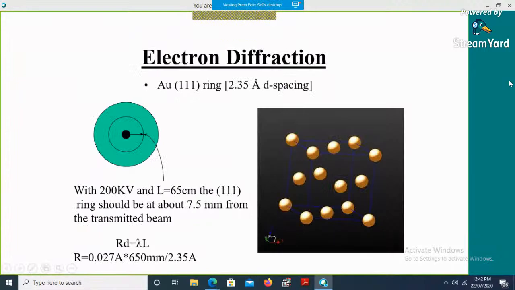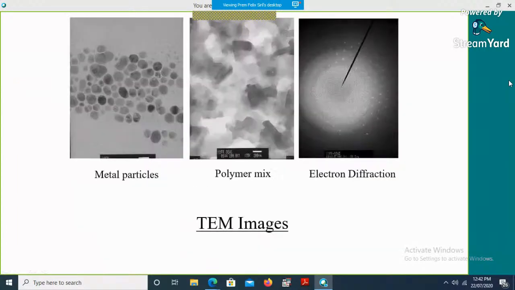In this way, electron diffraction can be used to identify whether the material is amorphous or crystalline. If it is crystalline, what are the crystal planes present in the material? So in this way, you can study the crystal structure.